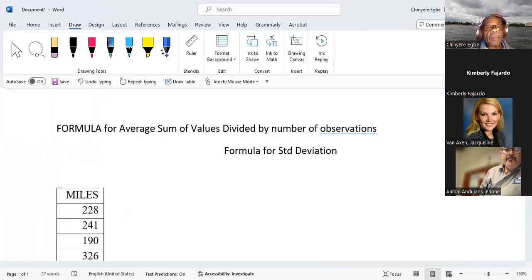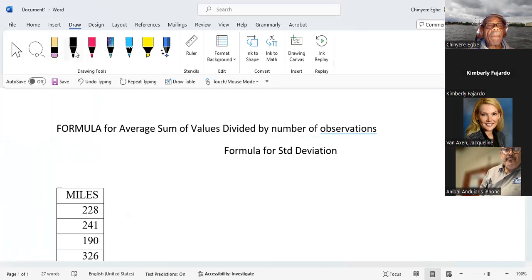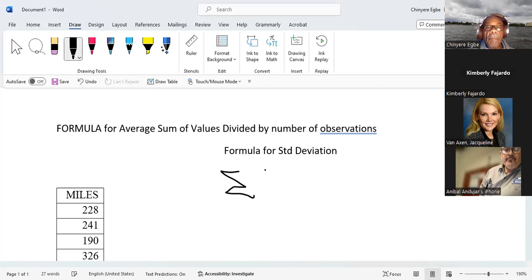Okay. The formula for standard deviation is quite simple. X, the value of each X, the sum of the differences between the value of X and the mean.